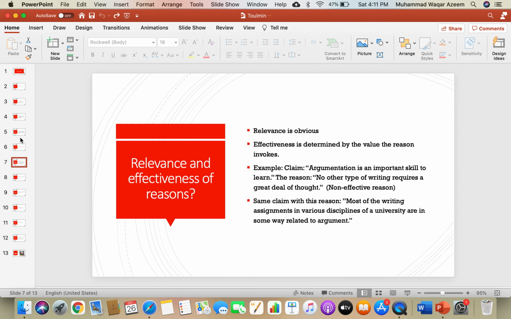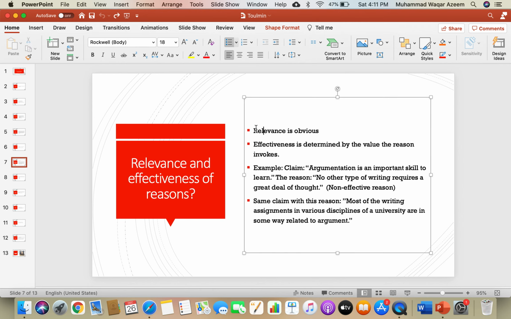And the second thing is, are the reasons given by the author effective enough? Let's understand this part in more detail. As far as the relevance of a reason is concerned, that is obvious. You can make a very intelligent determination whether the reason which has been given really supports that claim or not. So we don't need to discuss that point of relevance much.